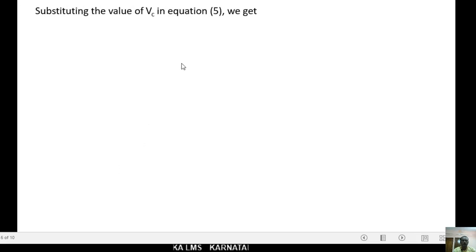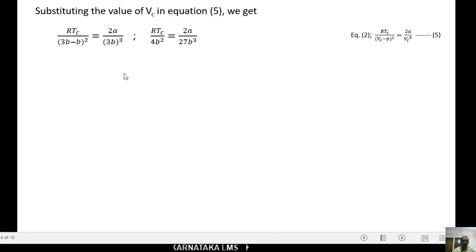Now substituting the value of Vc in equation 5, we get RTc divided by (3b minus b) whole square equals, on the right side, 2a upon (3b) whole cube.